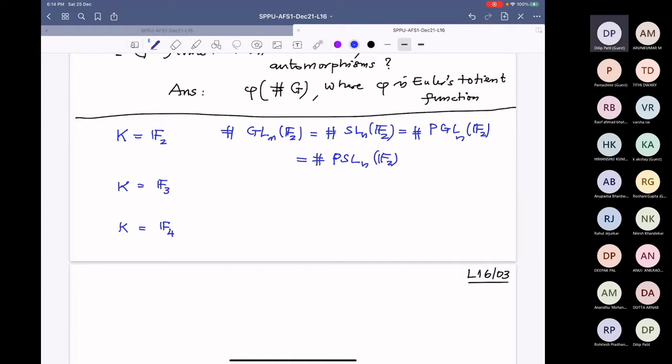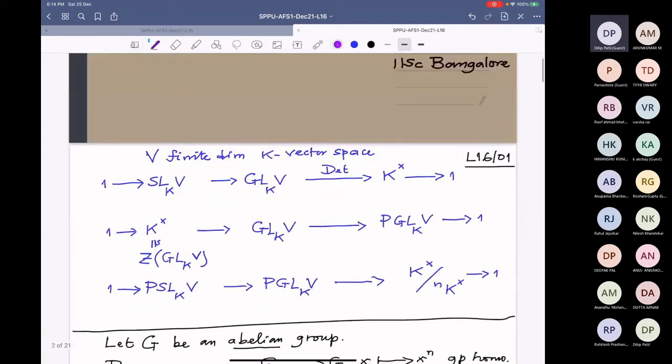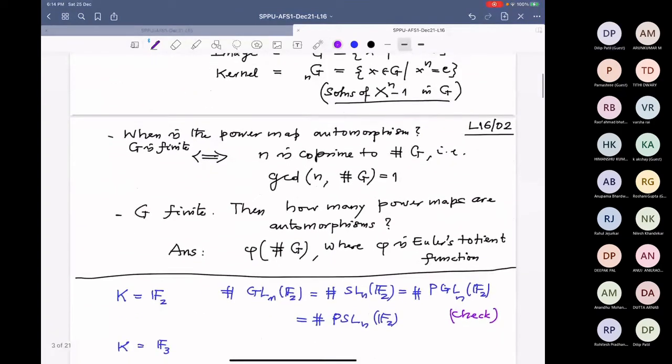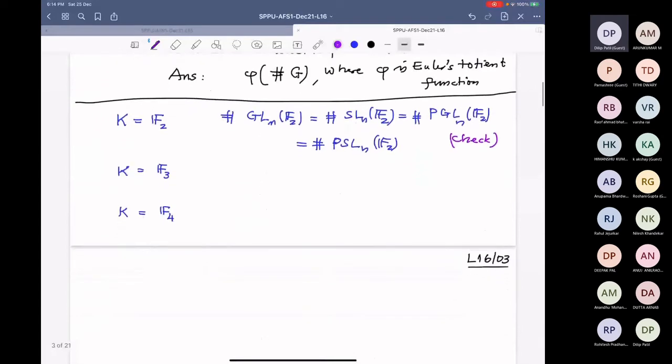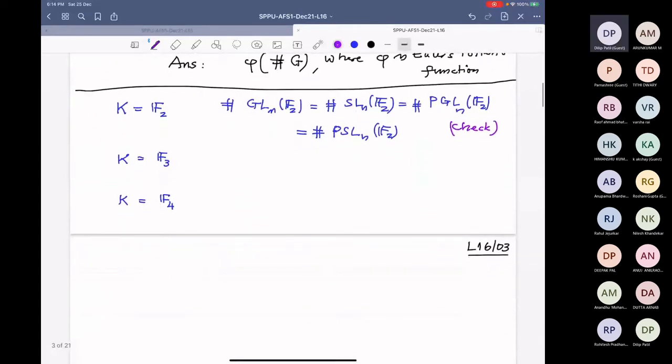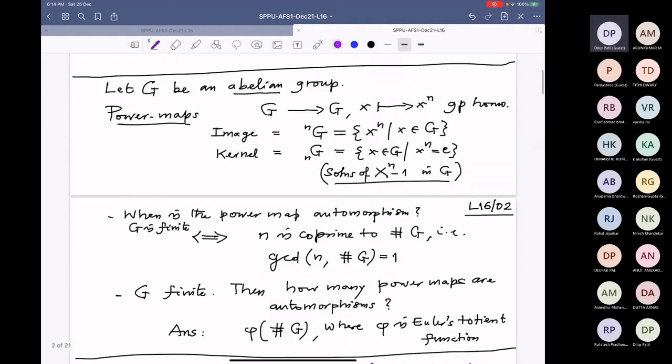So I am asking you merely to check this. And you have the formula for this, and therefore for everybody, because these three exact sequences will allow you to compute. Now similarly do it for F3 and similarly do it for F4. These are small examples and you know these fields, and therefore you should do this. So this is an algebraic description.